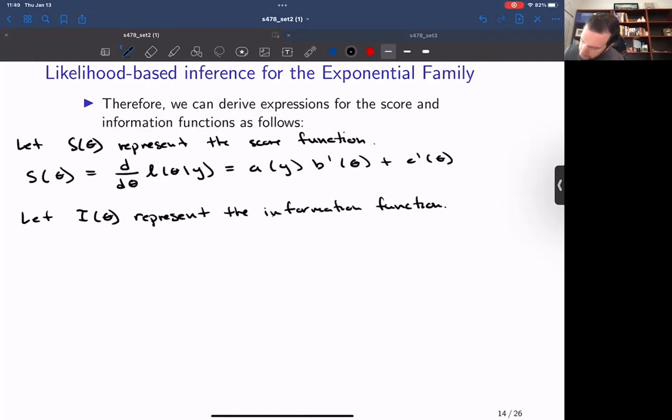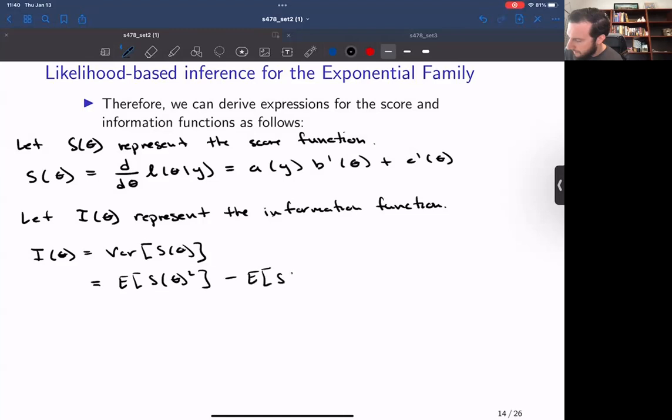I of theta is equal to the variance of S theta. So this is going to be equal to the expected value of S theta squared minus the expected value of S theta all squared.